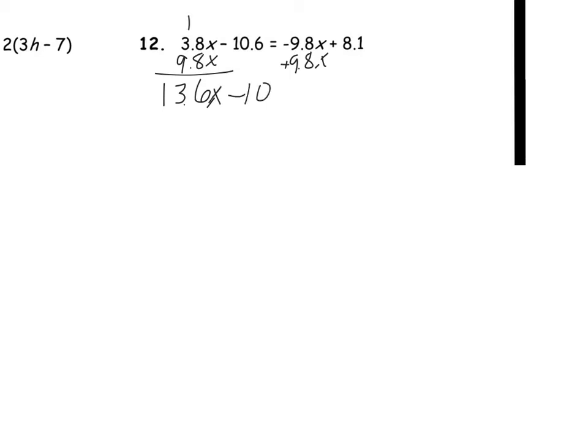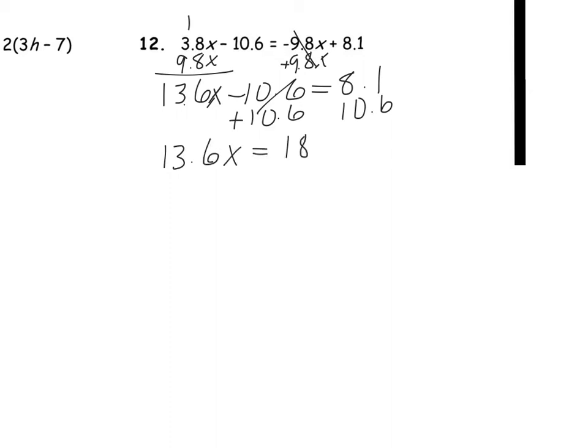minus 10.6 is equal to 8.1. Now what I'm going to do is I'm going to add 10.6 to both sides. That gives me 13.6x is equal to 18.7.